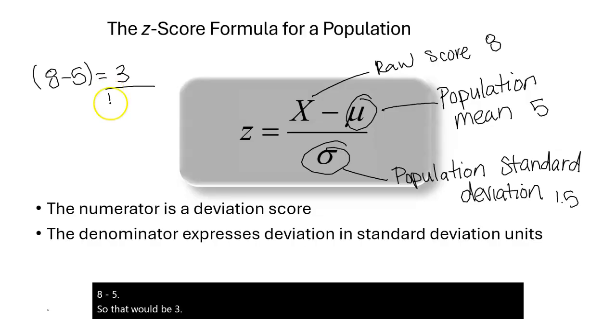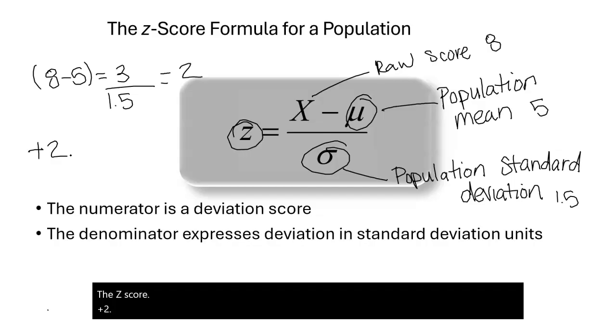And then we would divide it by 1.5. And that would equal 2. So the z-score would be +2.